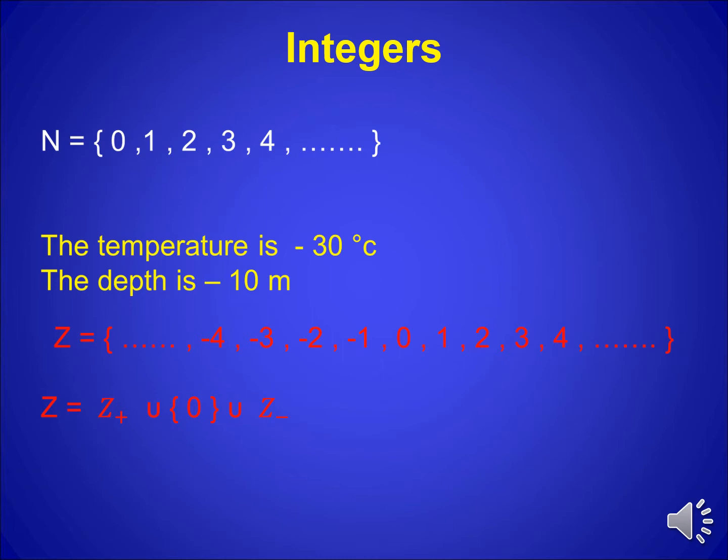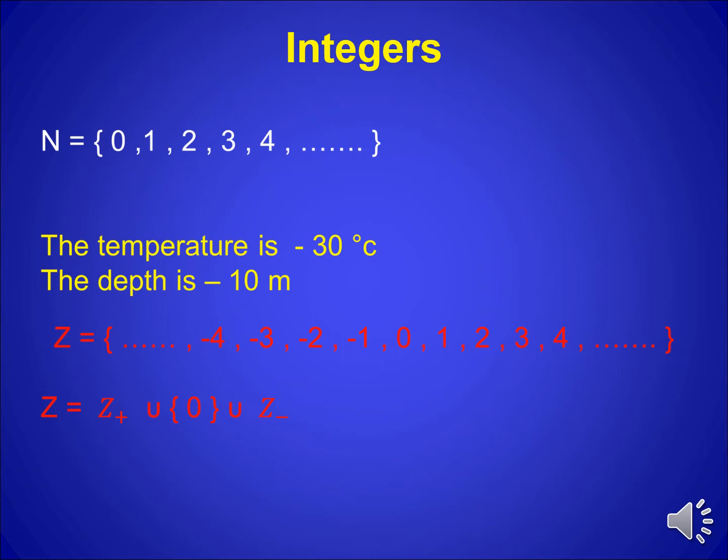So what numbers does Z contain? It has 0 in the middle, and on the right 1, 2, 3, 4, up to positive infinity. On the left of the 0 are negative 1, negative 2, negative 3, negative 4, up to negative infinity.